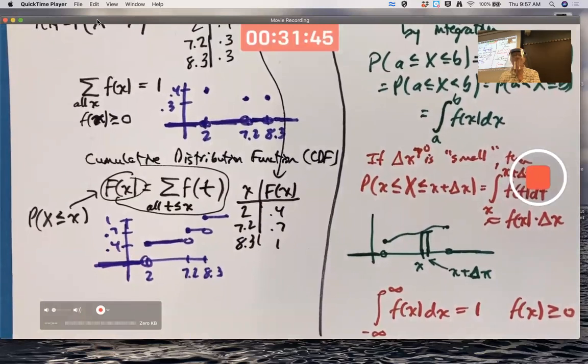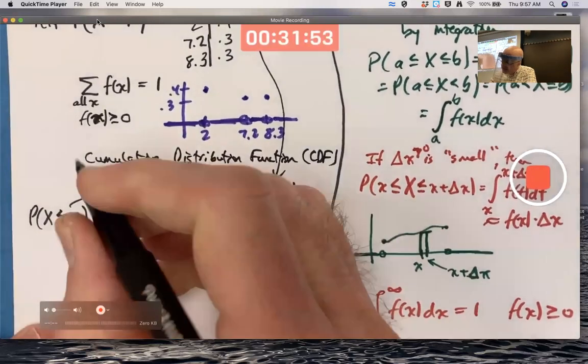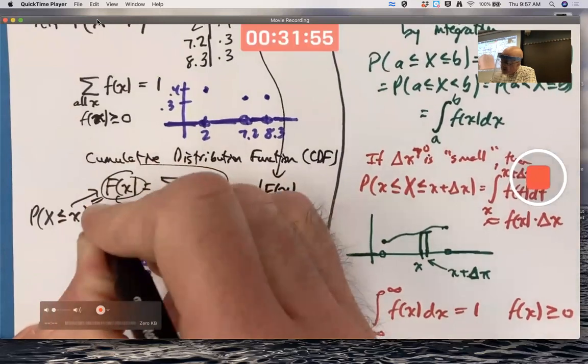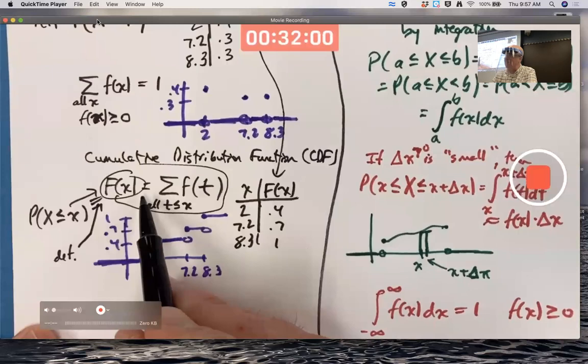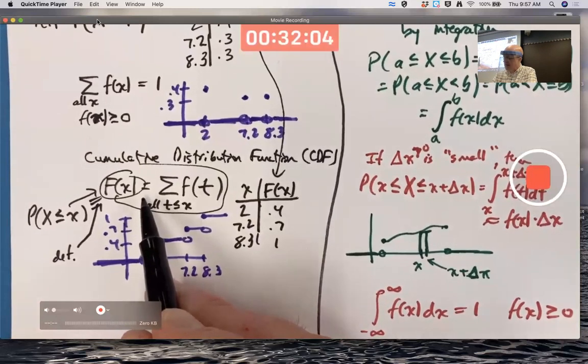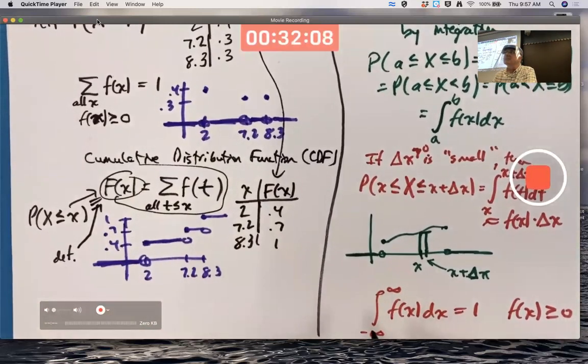I should have done that, forgot to. That same definition, this is really a definition. That equality right there is a definition. And the equality right there is more just, how do you compute it? That same definition holds for continuous as well.